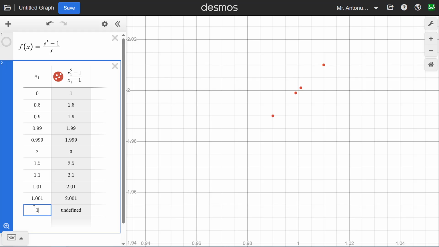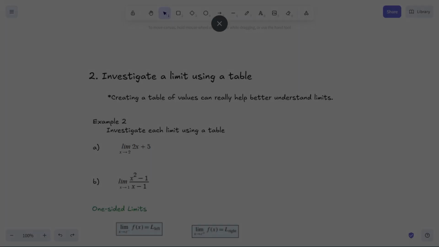Now, if I put exactly 1 in, the function's undefined, which is one of the reasons why investigating limits is so important, because we can see what a function looks like it's going to do as you get closer and closer to a value where it may be undefined.